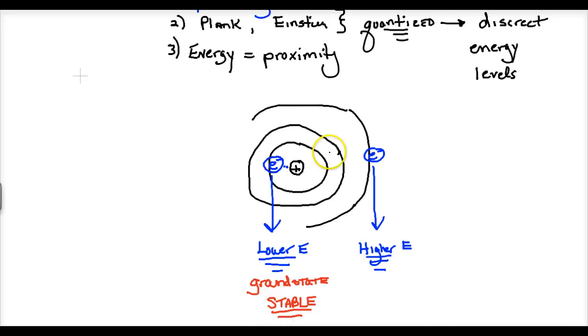Now, if electrons leap to a position that's farther away, because they now have higher energy and moved out of their stable position, they're unstable. Why? Because they have high energy. And anybody who has high energy, usually hyperactive, is just jumping around.